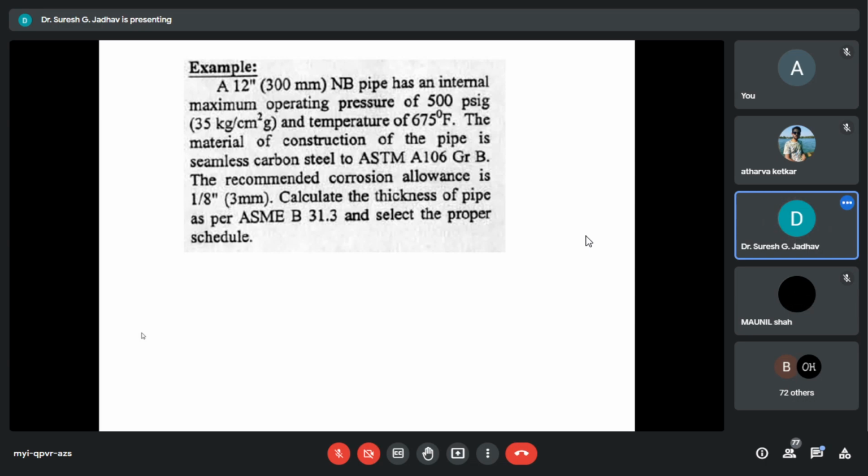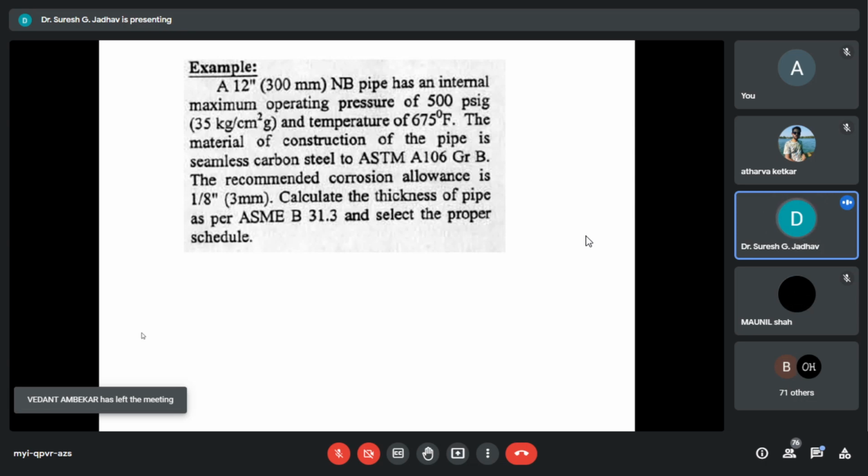And the material of construction of the pipe is seamless carbon steel to ASTM A106 Grade B. So here the material of construction of the pipe is mentioned as per ASTM A106 Grade B, seamless carbon steel.